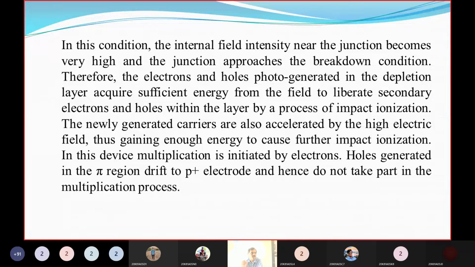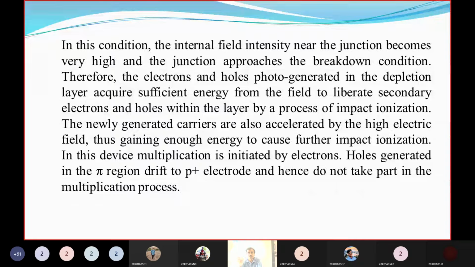Because of those collisions, the surrounding electrons are released. Those electrons again collide with the surrounding electrons. Like that, at a particular time, the current increases very suddenly. That is the avalanche breakdown.